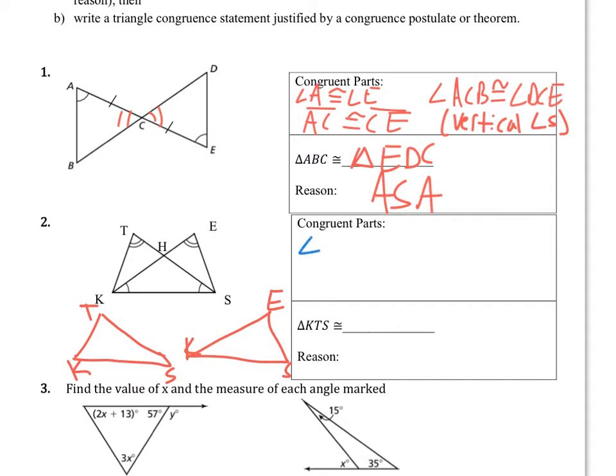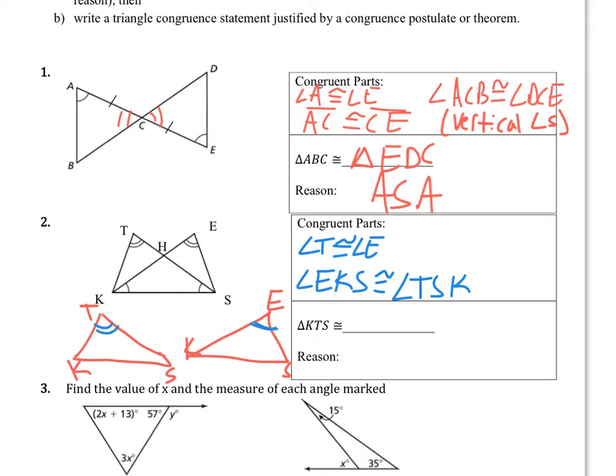We've got angle T is congruent to angle E, that's marked. And we've got, got to use three letters here, angle EKS, that's this one here, is congruent to angle TSK. So those are given.